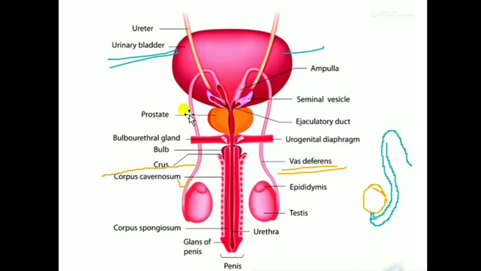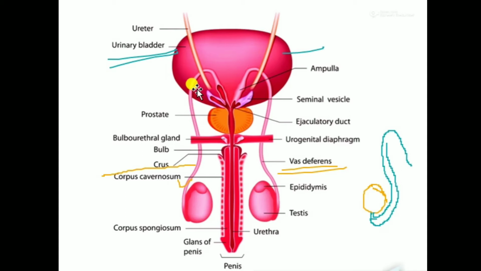When the vas deferens enters the urinary bladder, it forms a loop-like structure. That means the vas deferens enters the bladder by forming a loop.